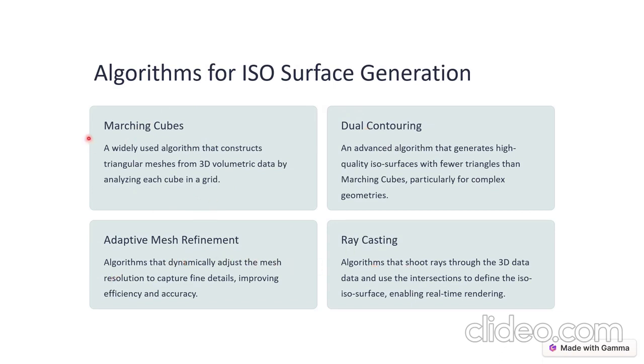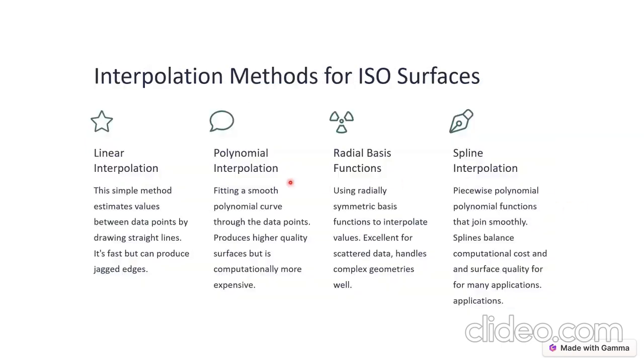These are the algorithms used in isosurface generation in today's generation, and we talk about the interpolation methods of isosurfaces: linear interpolation, polynomial interpolation, radial basis functions, and spline interpolation. Linear interpolation is a simple method to establish values between data points by drawing a straight line.